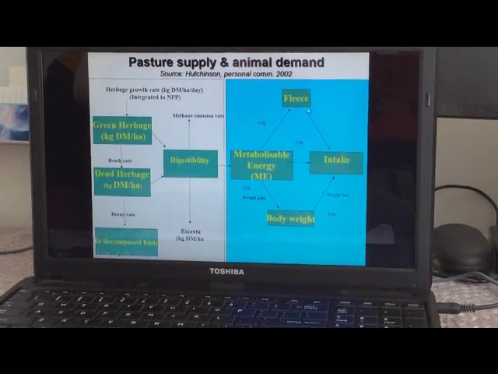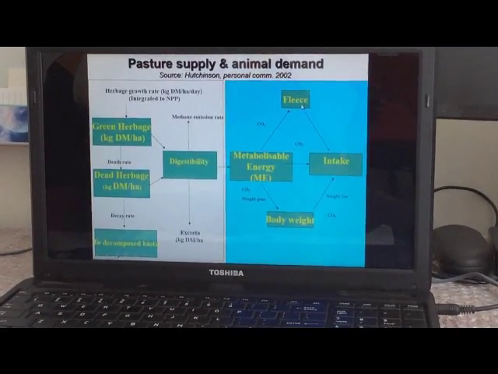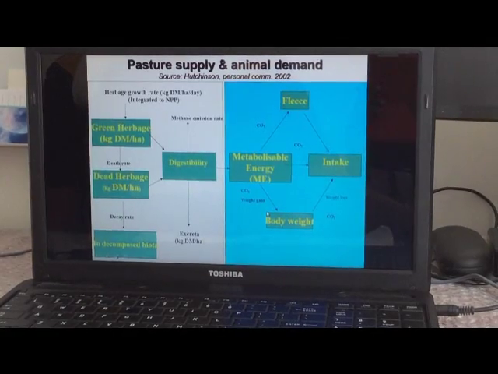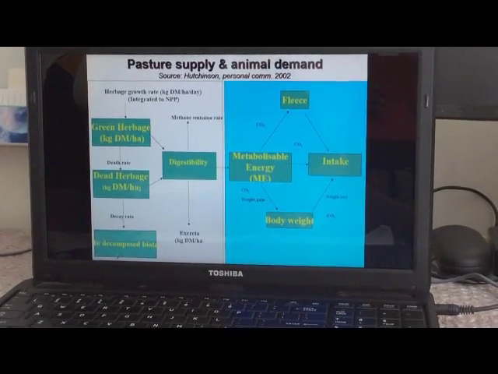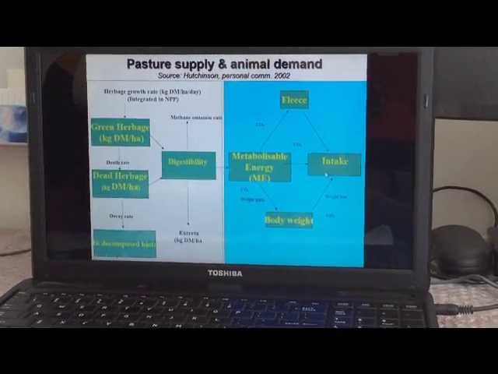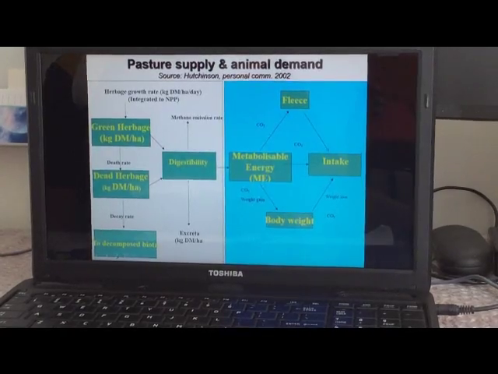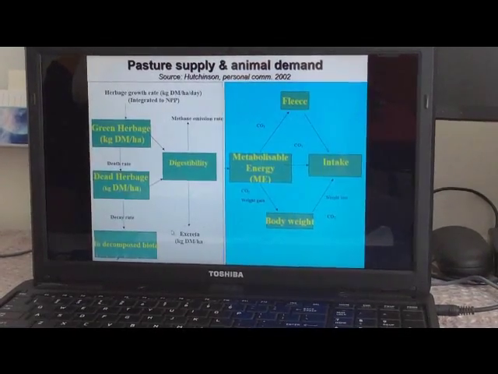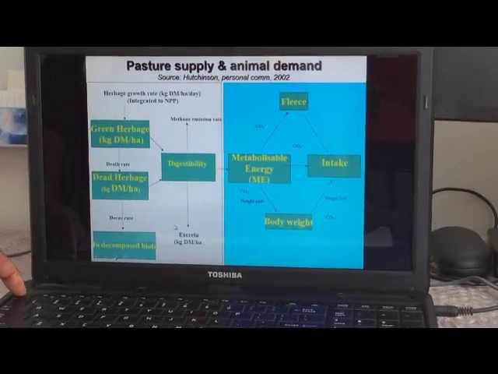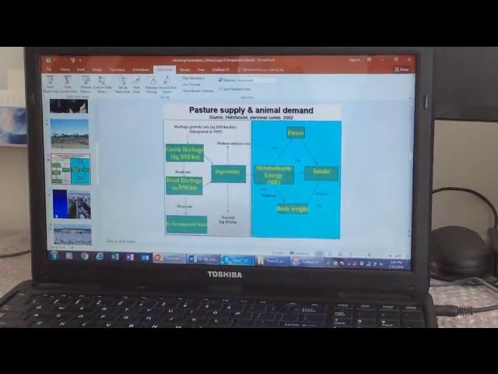Whether you are keeping your animal for fleece production or for live weight, which is for meat production, the ultimate product that we are interested in is the daily intake of that animal. That will determine the performance of the animal. I will just leave this flowchart for now and move into the equations.